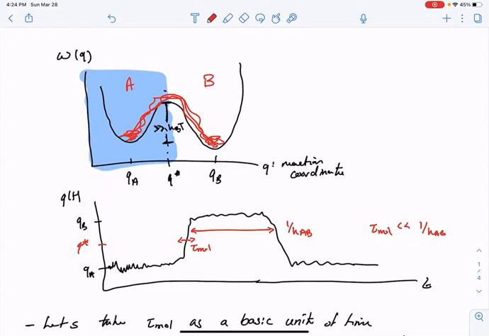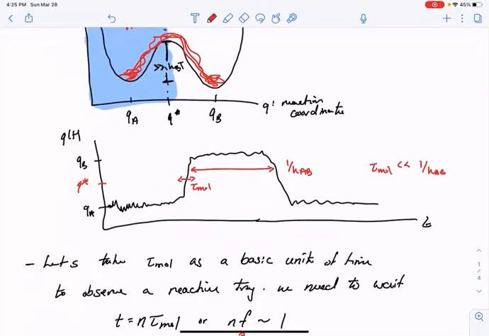And if the barrier is large, such that each one of those transitions is a rare event, we would need to spend an exponentially long time waiting around for a reactive event to occur, because by construction, we're looking at events that occur exponentially rarely with very small probability.